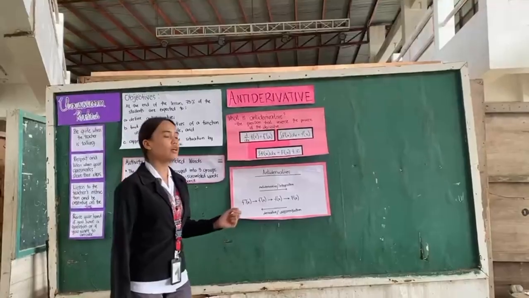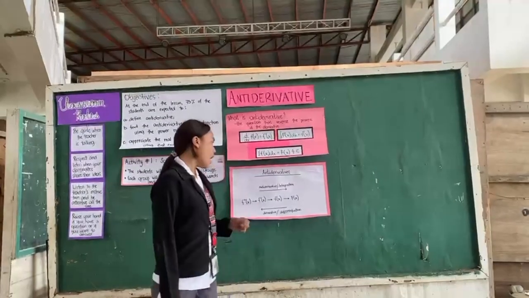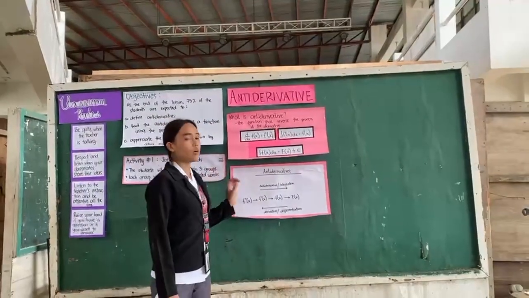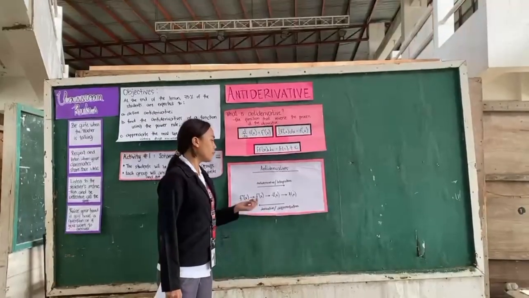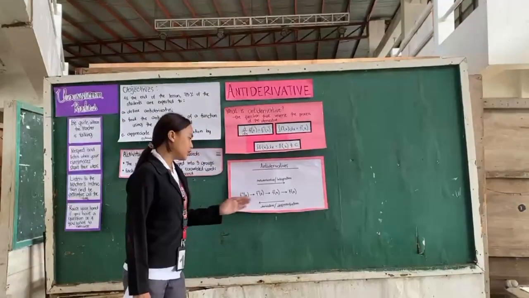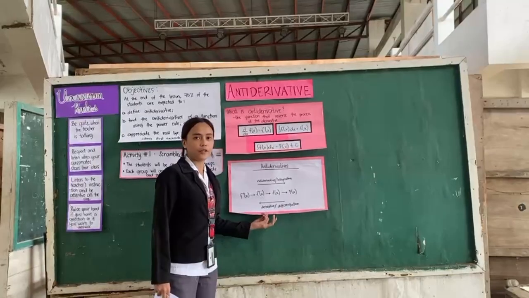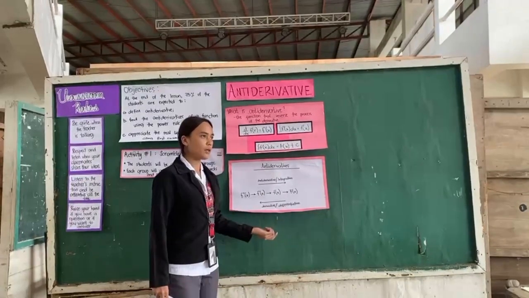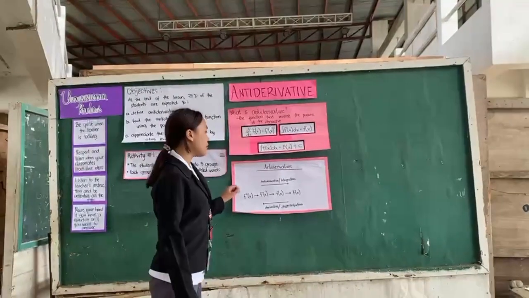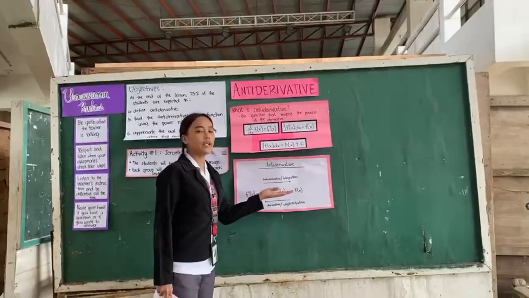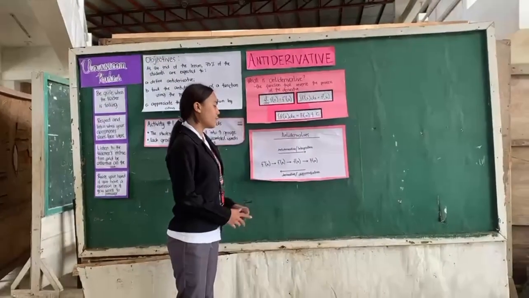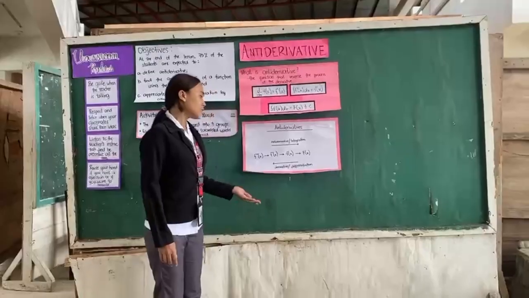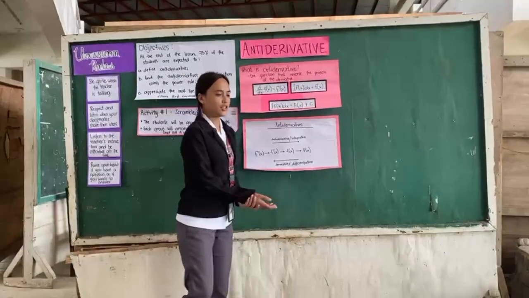I just want to give you an overview of these different symbols and functions. Going to the right, we're looking for the antiderivative, and going to the left, we're looking for the derivative. The process of finding the antiderivative is basically integration, and the process of finding the derivative is basically differentiation.